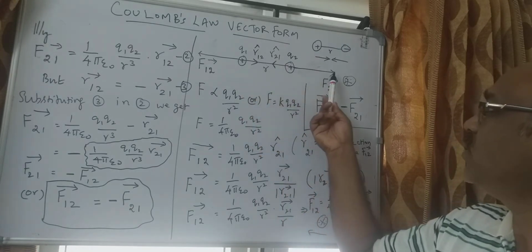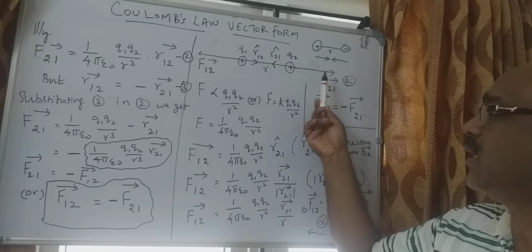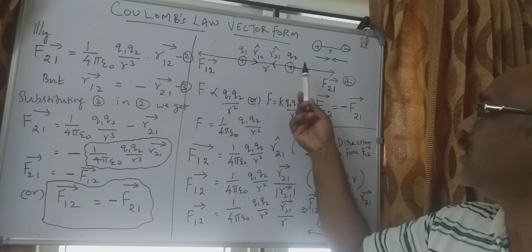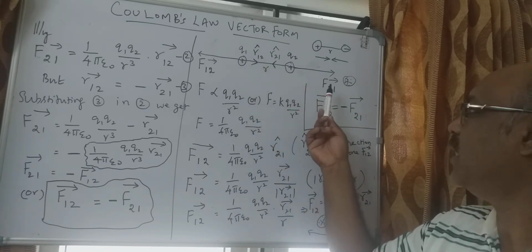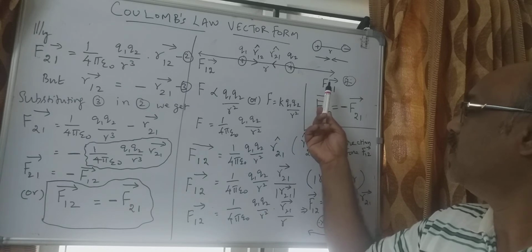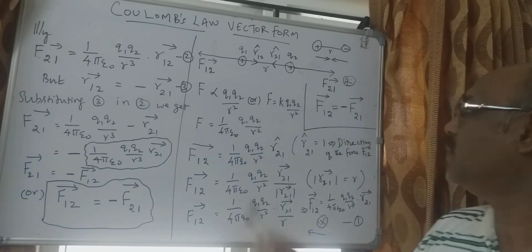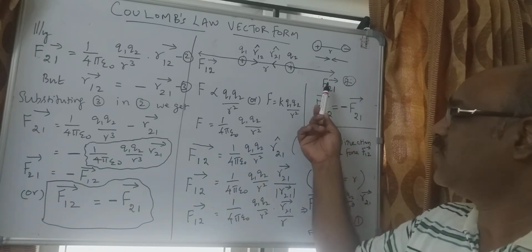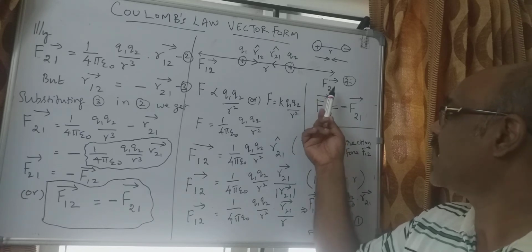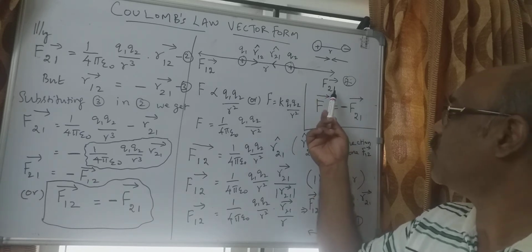Now the force of repulsion exerted by charge 1 on charge 2 is noted like this here, that is the force of repulsion on the second object by the first object.